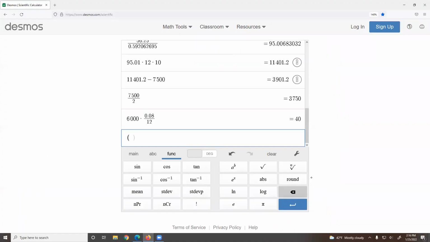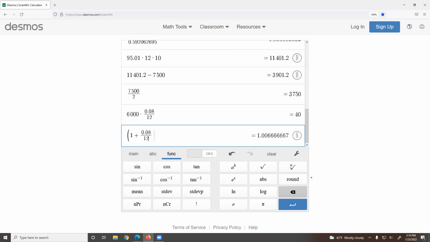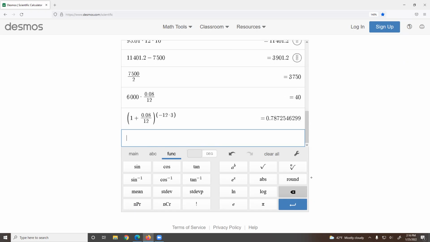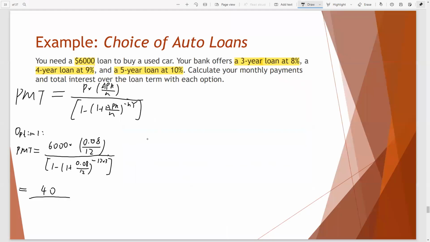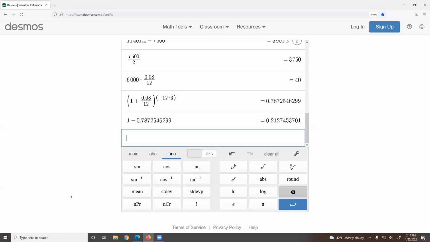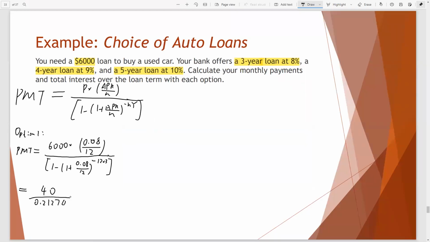The bottom is 1 minus 1 plus 8% divided by 12 raised to the negative 36, which is 0.2127453701.